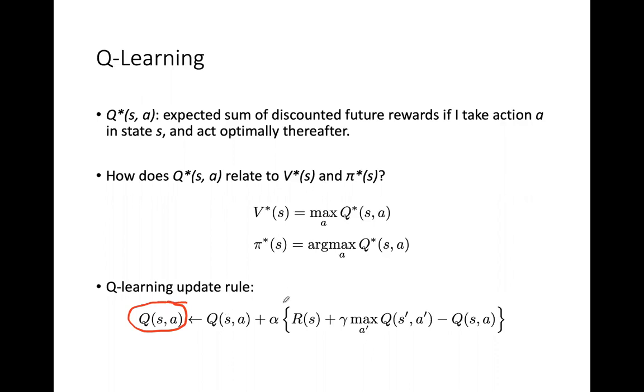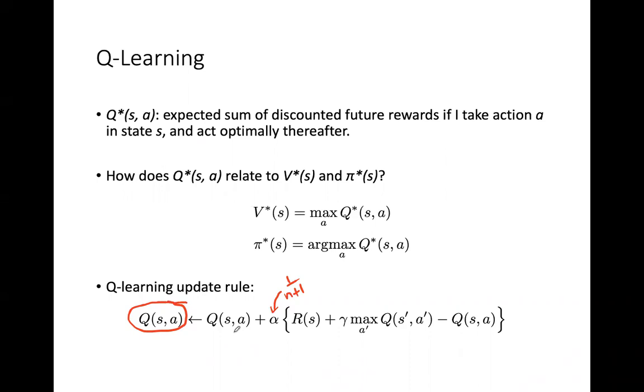So specifically, if I pick 1 over n plus 1 for alpha, you can expand this out, and you'll see that basically what this computation does is take my current average for Q, take the new sample into account, and then recompute this average, right? So it's just a running average. Doing it this way means I don't have to go through my states in a specific order and do them one at a time.